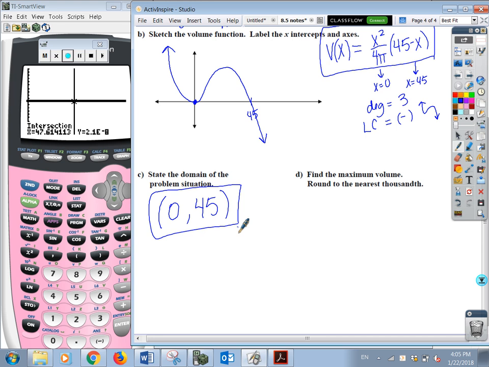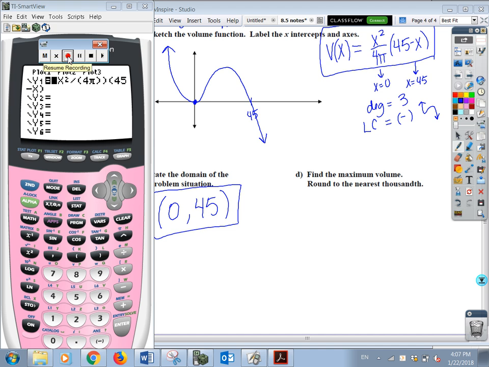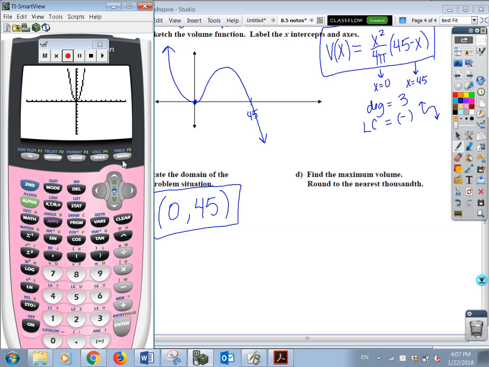So now find the maximum volume, rounded to the nearest thousandth. So now you would put that equation into your calculator. All right, so you have that equation put into y equals. Now when you graph it and your calculator's cleared, you're just on your normal screen, that's what it looks like.